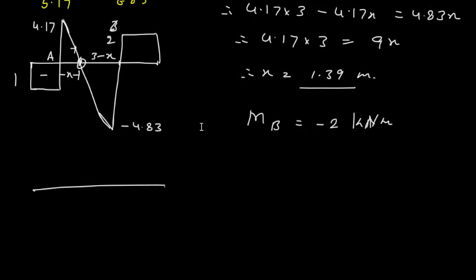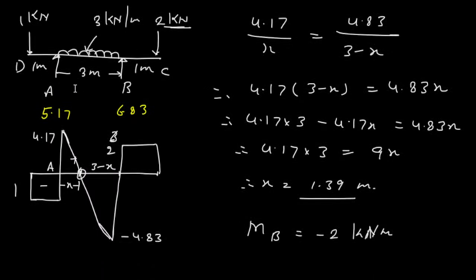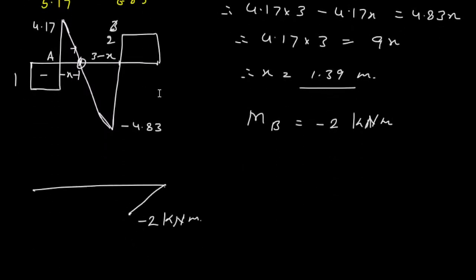I will get a point like this, minus 2 kilonewton meter. Then at point D it is 0, at point A it is again hogging at this end, so 1 into 1. So at point A I will get value 1, negative. So here it is minus 1, here it is minus 2.